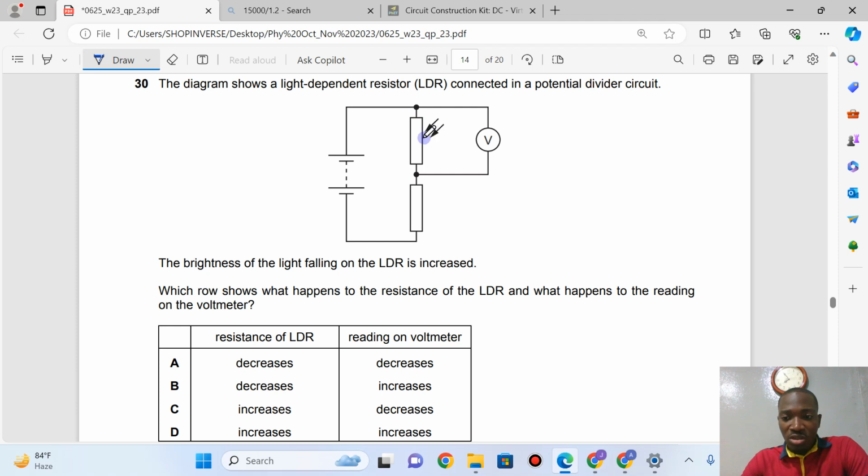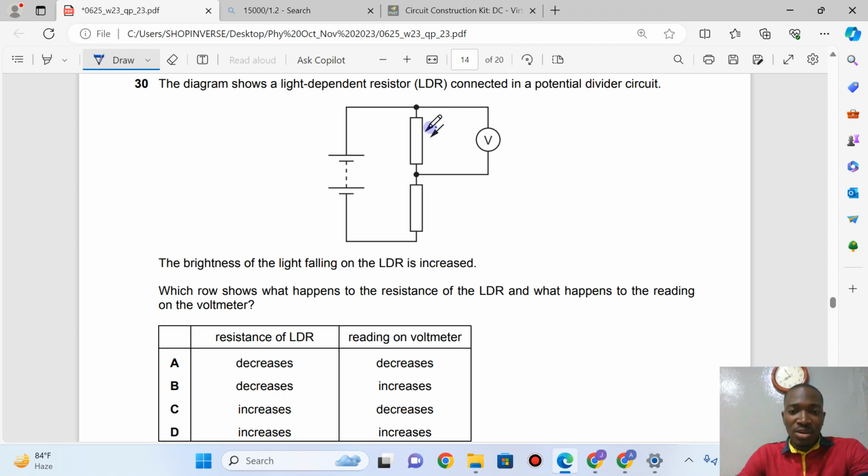When the intensity of light shining on this resistor is high, when the light is bright, the resistance of this component of the circuit will fall. When bright light is shining on it, the resistance will reduce.